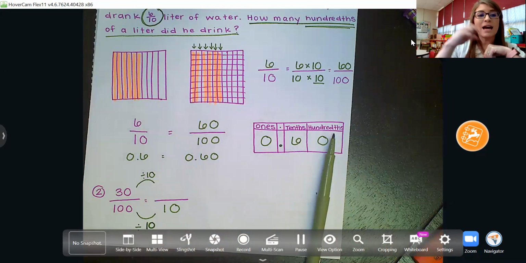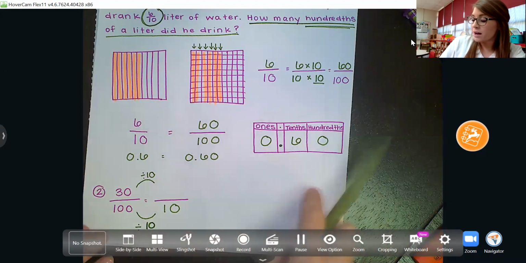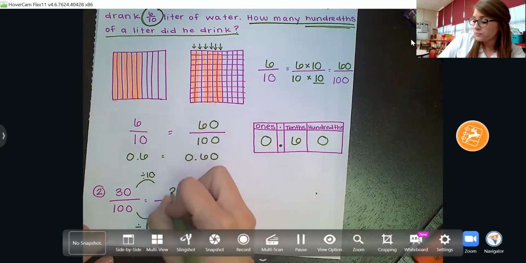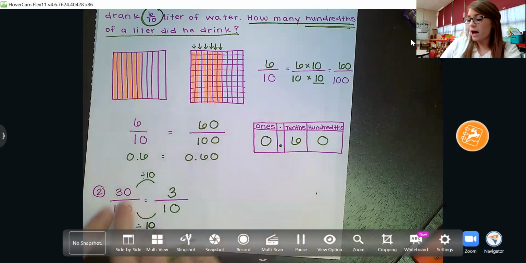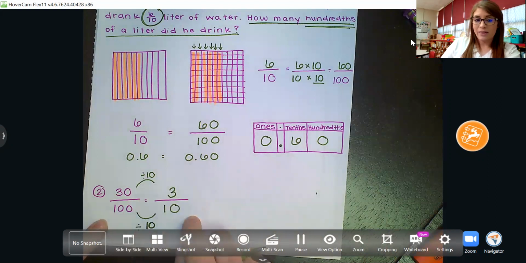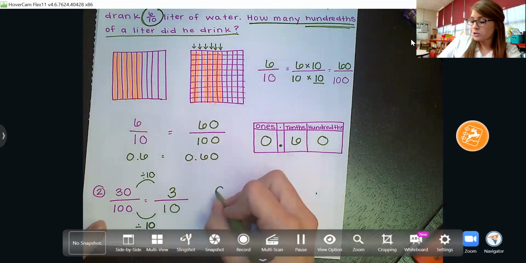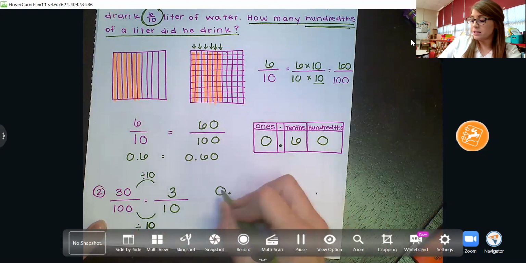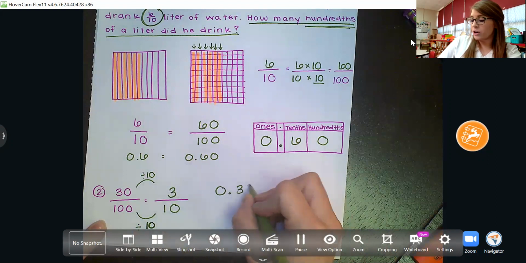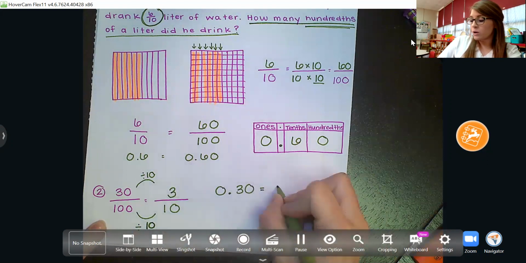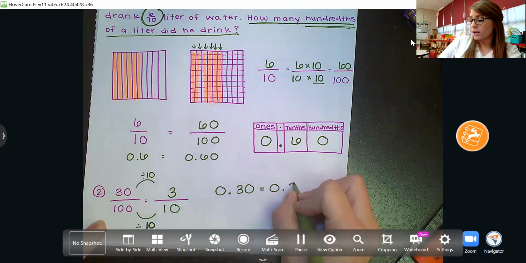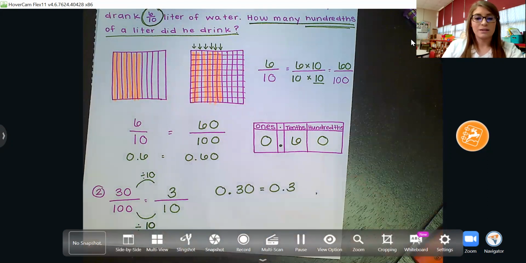Very good. 10 times 3 gives us 30. So 30 hundredths is equivalent to 3 tenths. 30 hundredths can be written just like this: 0 decimal point 30 is equivalent to 3 tenths.